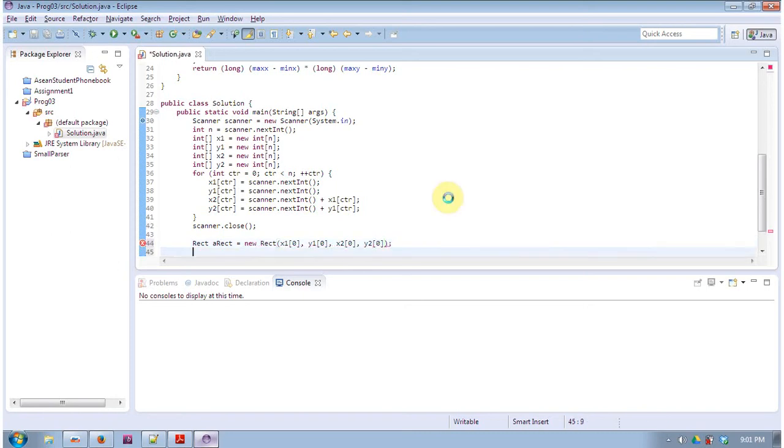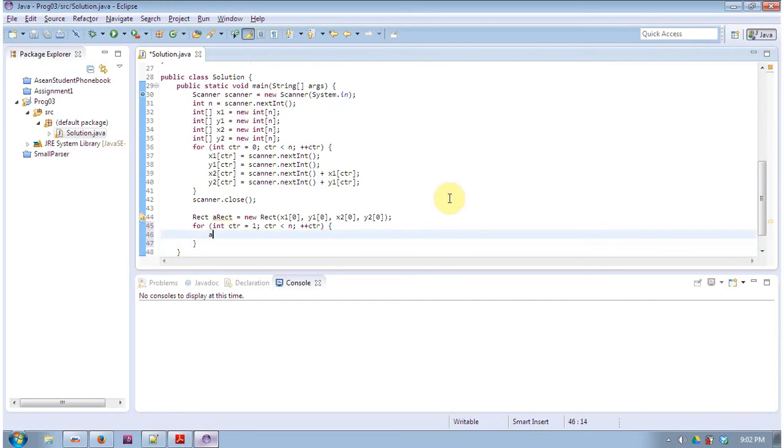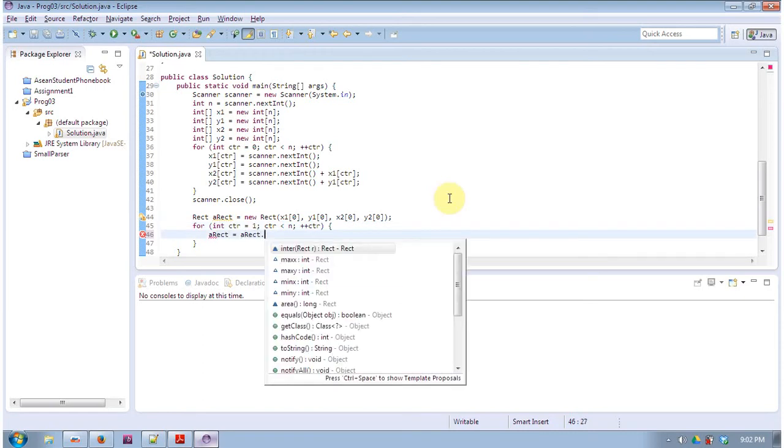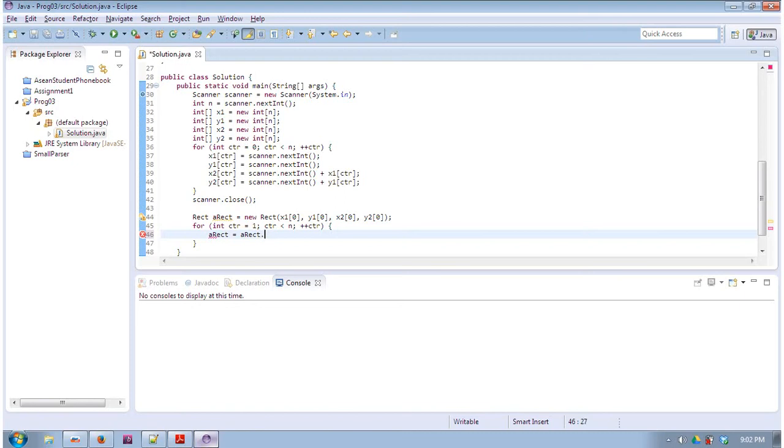So for int ctr, we get the second rectangle. Then we get the intersection: this is the first rectangle, so from the second rectangle up to the last rectangle, a is equal to rectangle intersection.